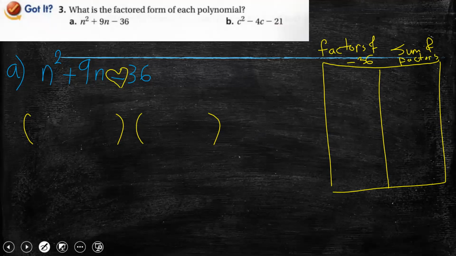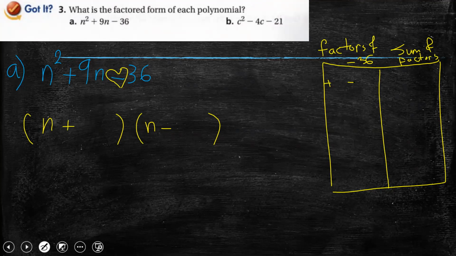The variable here is n in the first bracket and n in the second bracket. Since we have a negative sign, that means we must have different signs in the brackets. One of them is positive and the second will be negative.